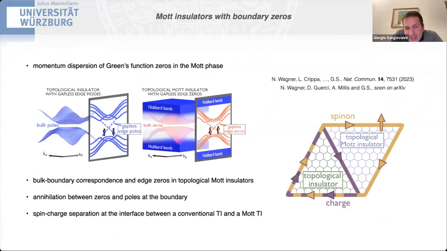So this in some sense gives an answer to the puzzle that we were finding in the first part, where we were not considering in our wave packet explicitly the possibility of spin charge separation at the edge, and opens, of course, a number of interesting questions like how exactly this scattering here happens, and what happens to the other spin copy, because here I'm always showing just the spin up sector.